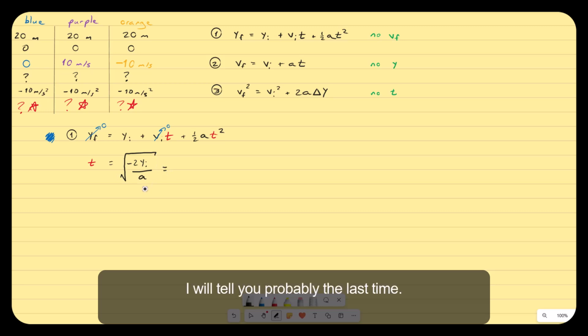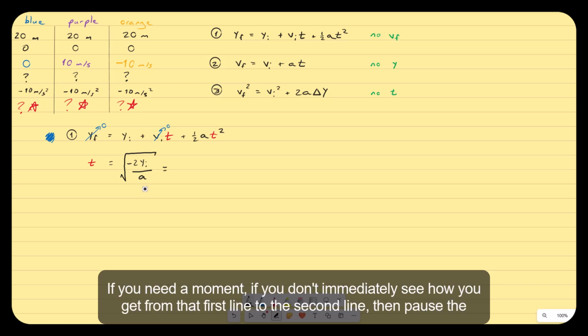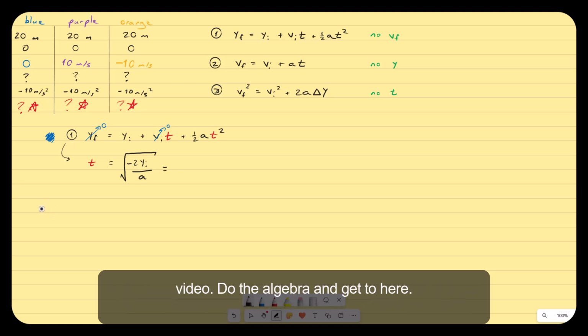I will tell you probably the last time, if you don't immediately see how you get from that first line to the second line, then pause the video, do the algebra, and get to here.